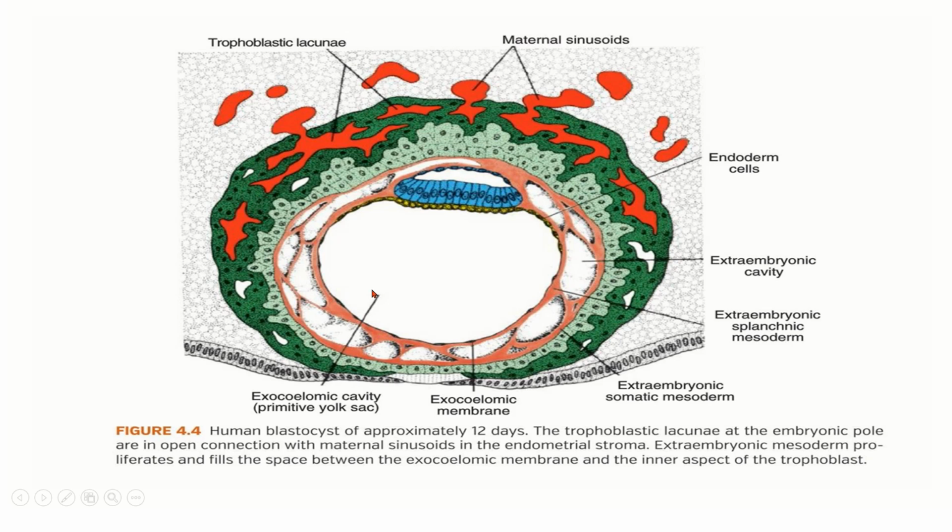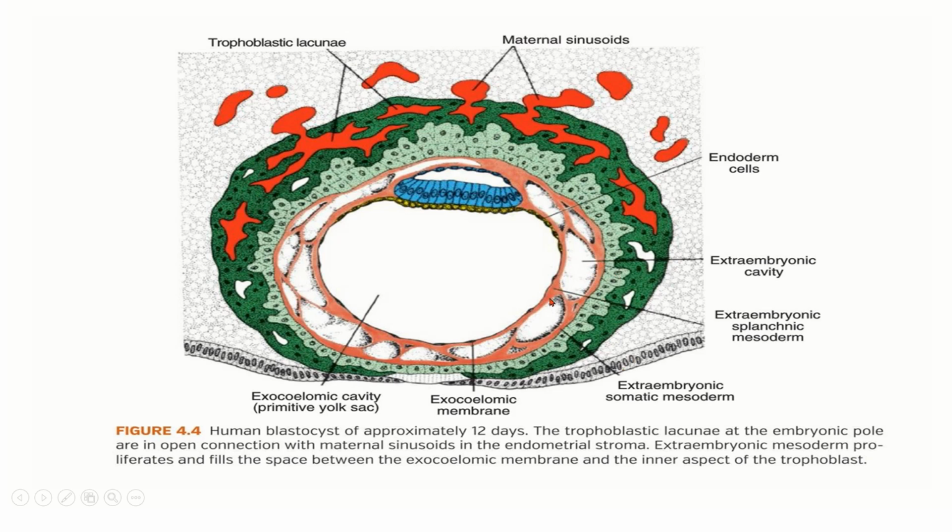You can see here, this is the exocoelomic cavity, and here they are forming the extraembryonic coelom or extraembryonic cavity. And this particular part with the trophoblast and the somatopleuric layer of the extraembryonic mesoderm forms the chorion. So here is the amnion, here is the chorion.